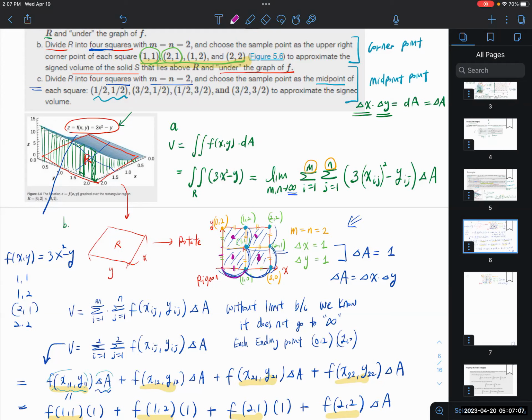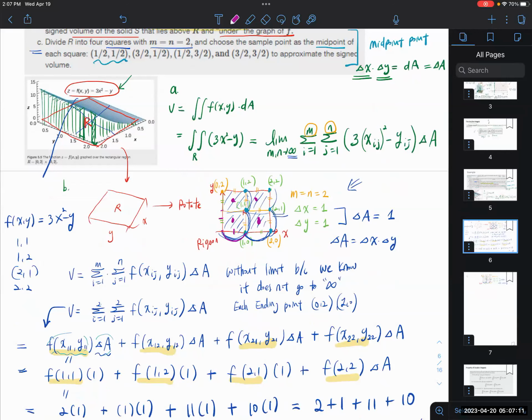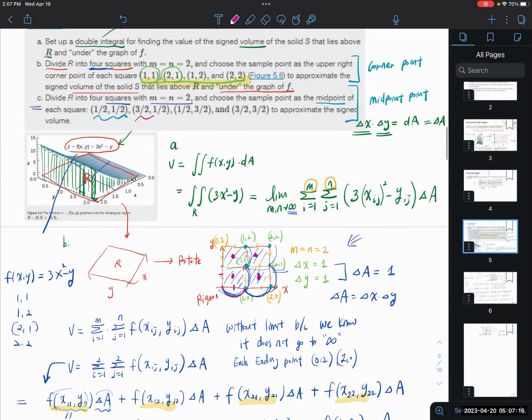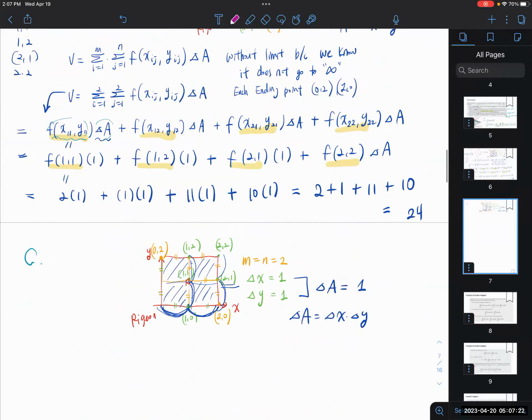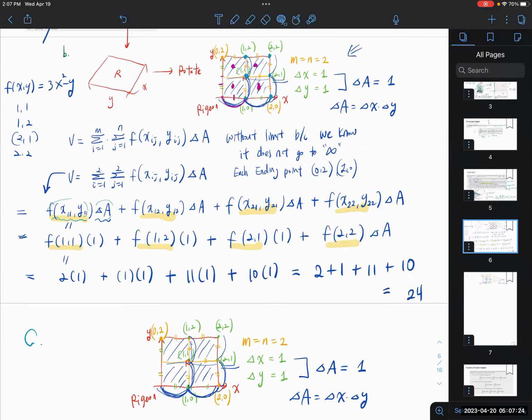Let's use the midpoint and see what we're going to get. So let's try. We're going to try to use this middle point. So it's already given. We don't need to evaluate it. Everything is given. So simply, you're going to plug in. We already know. I'm going to just literally copy this one.